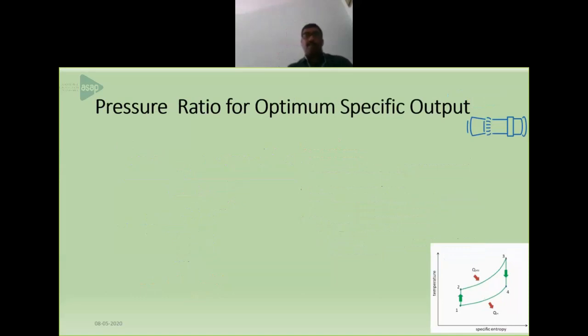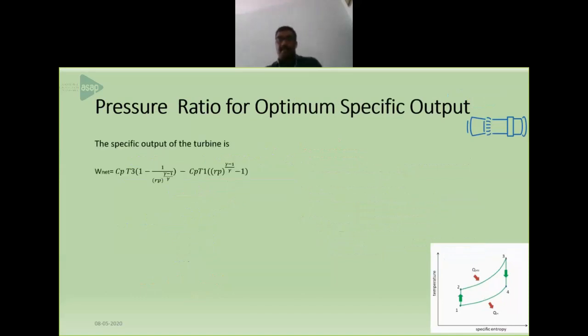Now we are going to the pressure ratio for optimum specific output. The specific output of the turbine, already we have seen what is W net. It is the work done by the turbine minus the work done by the compressor. That part already we have seen and we know this particular part.